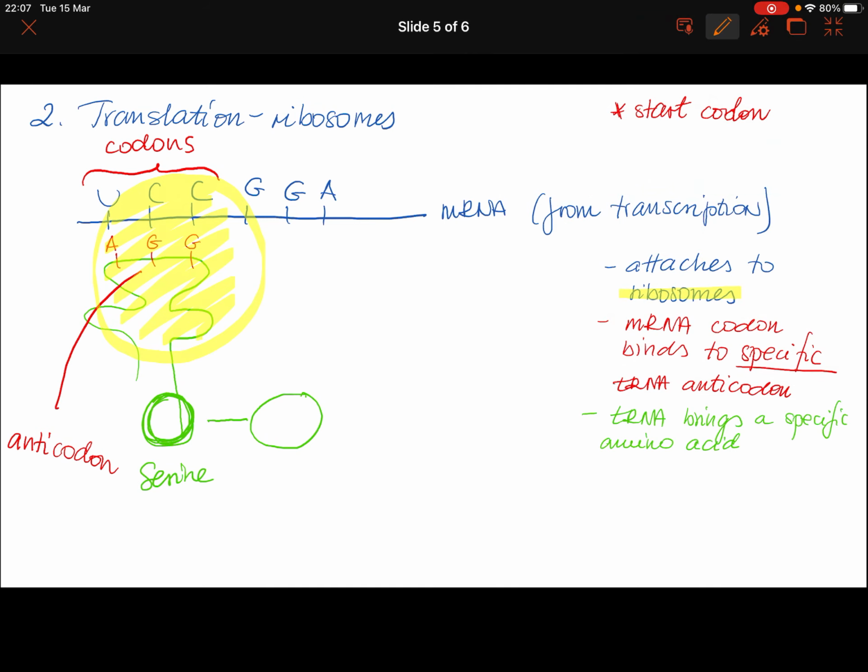So we will now quickly form our second amino acid. So the same here, the tRNA comes along with the complementary anticodons. So I've got now CCU. However, I want to know what's the name of my second amino acid.